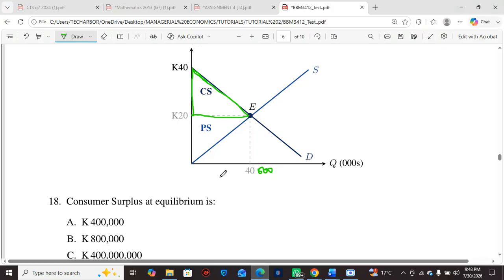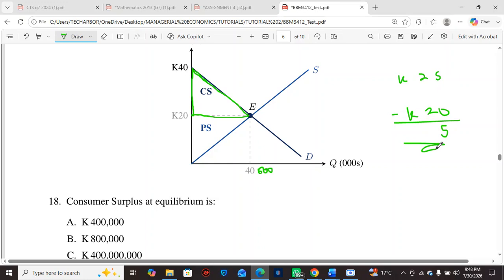That's consumer surplus. So if you're willing to pay 25 kwacha for something and you actually pay, let's say, 20 kwacha, your consumer surplus is 5 kwacha.